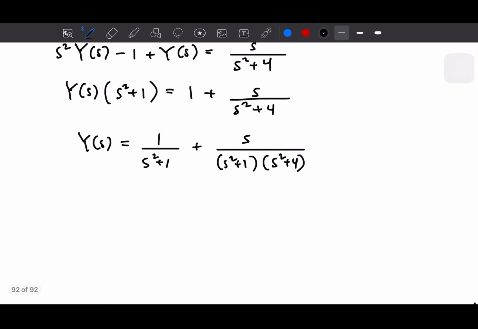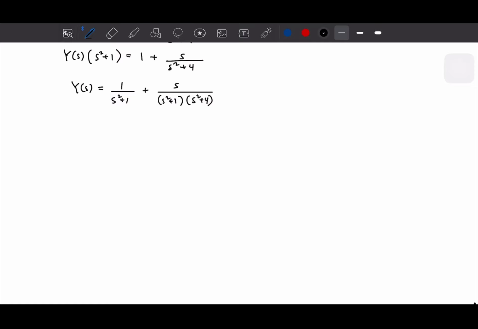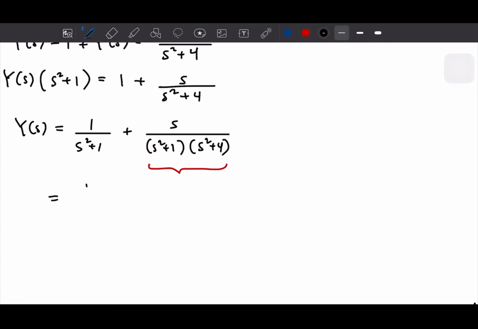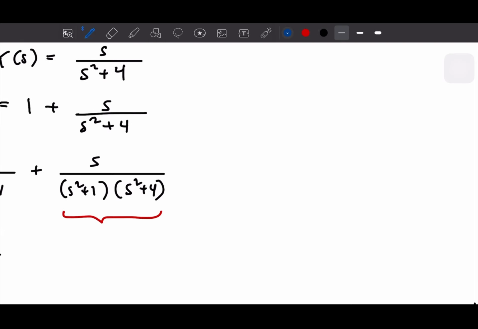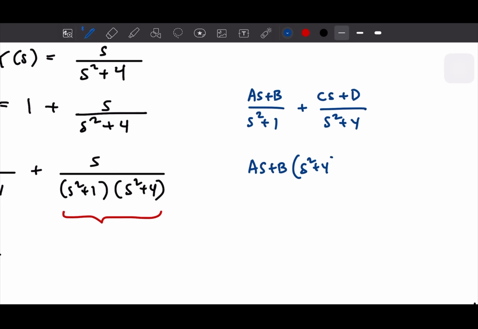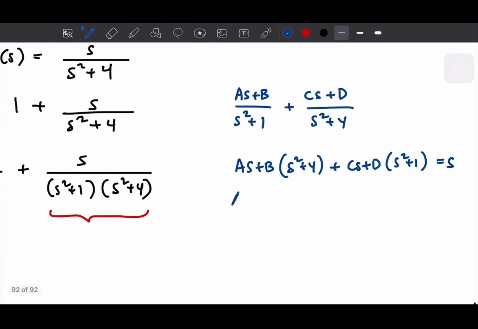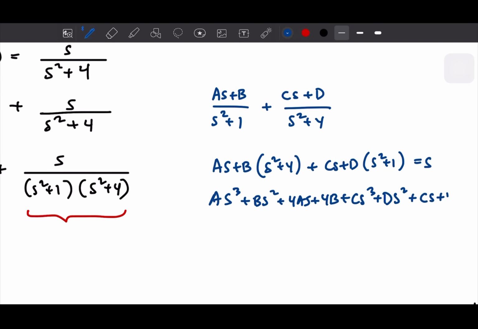Now if we combine this, we are going to use partial fractions, so I think we can just focus on this part and partial fraction it, okay? It's equal to just s.